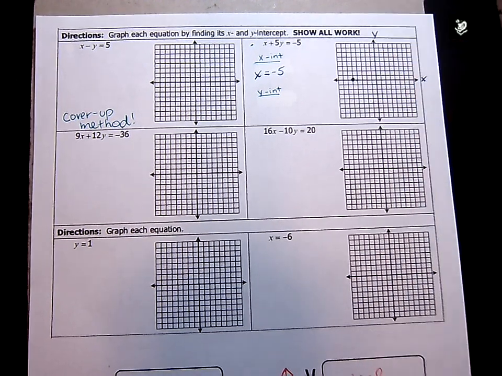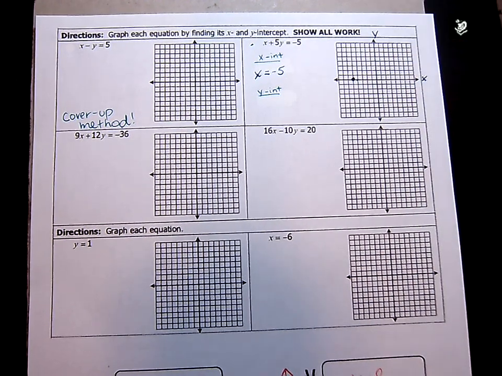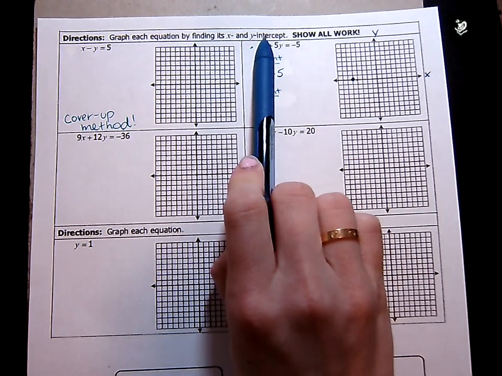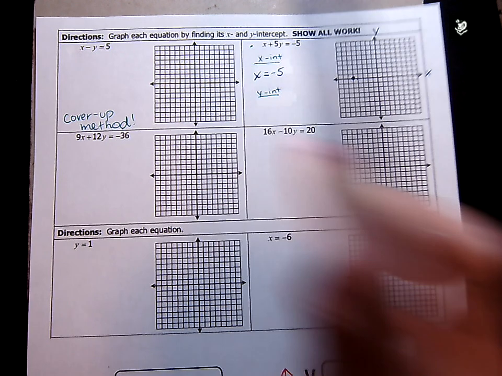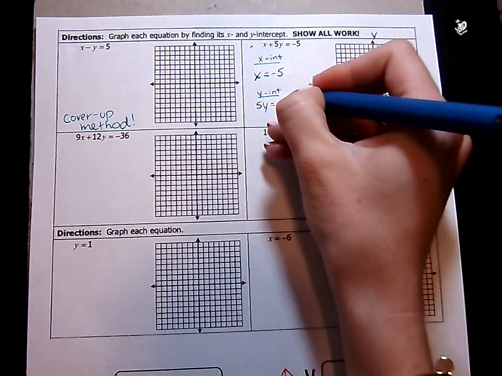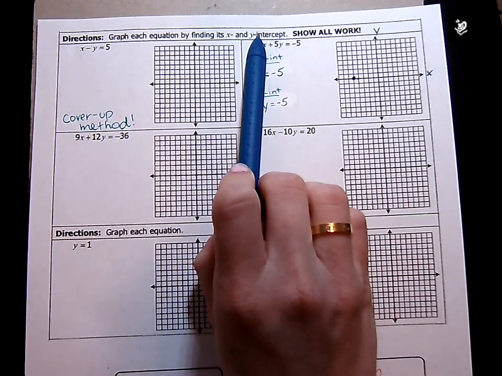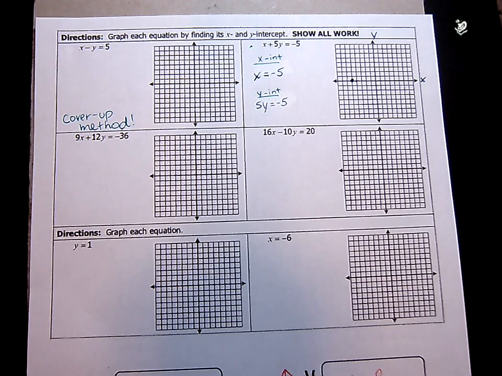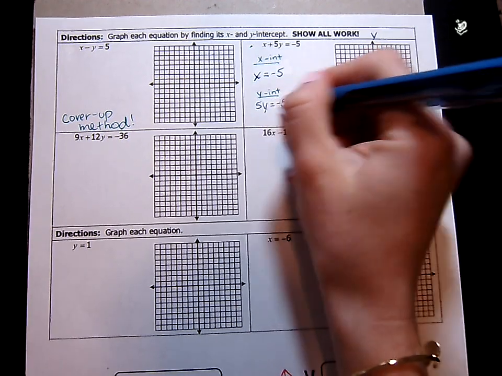For the y-intercept, I'm going to cover up the x. So what's left over? 5y equals negative 5. And if this was a negative in front of the 5, I would keep that with it. But since it's positive, just a positive 5y. I still don't have y by itself.